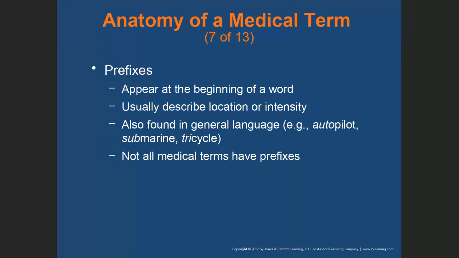Now, prefixes. They appear at the beginning of a word and usually describe location or intensity. Also found in general language, for example, autopilot, submarine, tricycle. Not all medical terms have prefixes.